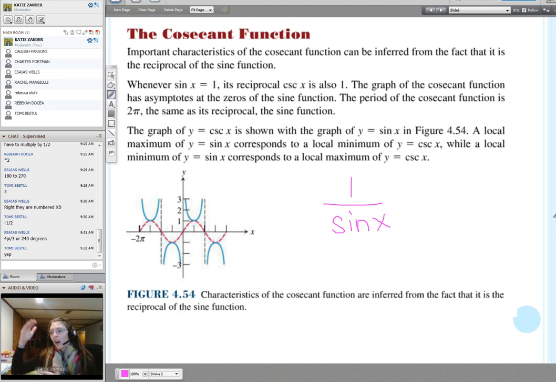If you have a phase shift up or down where it's dramatic enough, then you're going to have some of these blue graphs crossing over the x-axis. But that's the only way that you're going to end up with x-intercepts there.